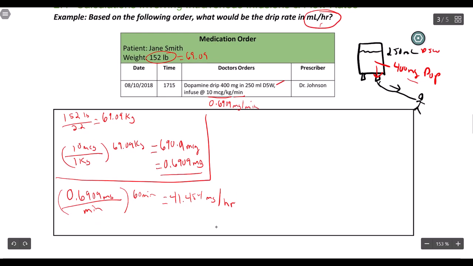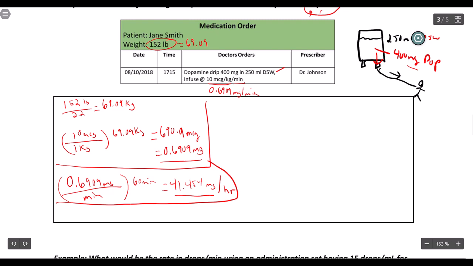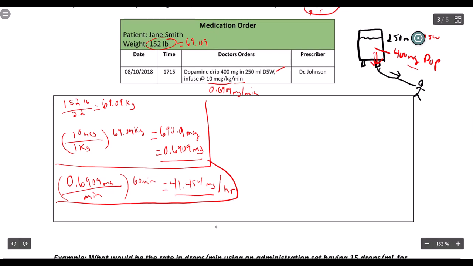Notice I've now got milligrams per hour, but I need mLs per hour. So my last step is, how do I take these milligrams and convert them into mLs? We know that the drug dopamine, which is this bag here, has a concentration of 400 milligrams in a 250 mL bag.